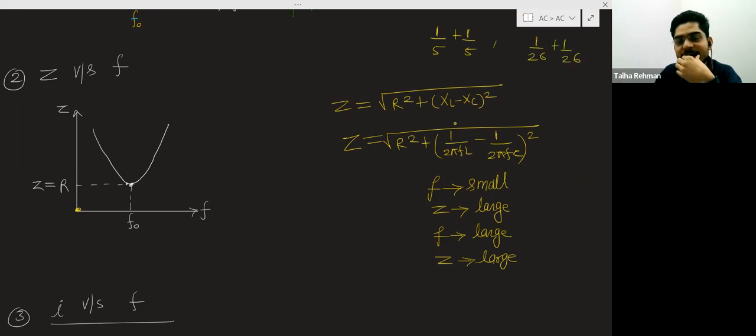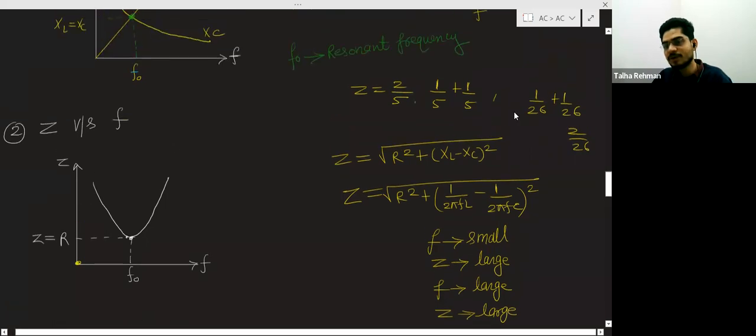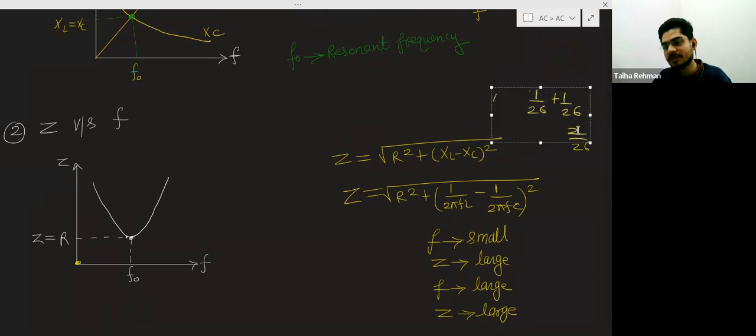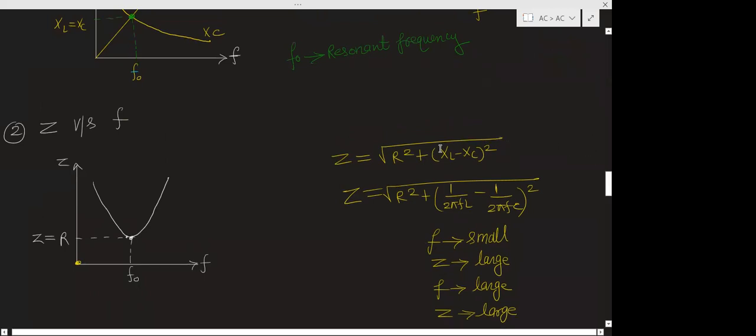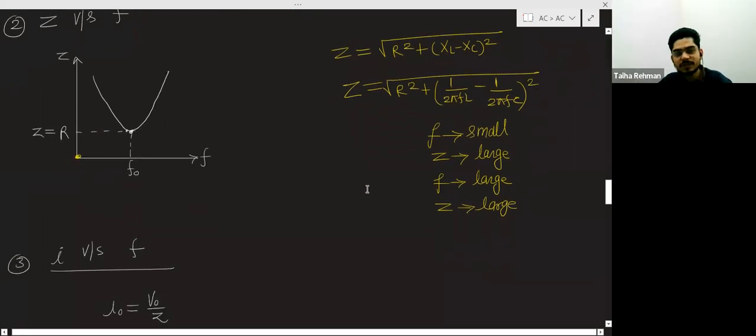So here I am getting 2 by 5, and here 2 by 26. In both cases the numerator is 2, whether I take a large or a smaller number, so there will be no effect on the numerator. So if the frequency is large, the impedance will also be large.